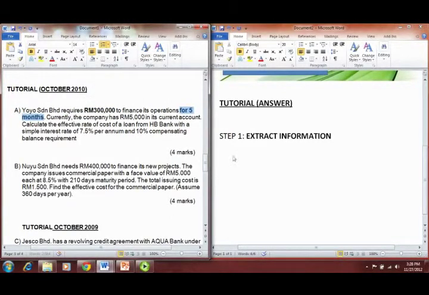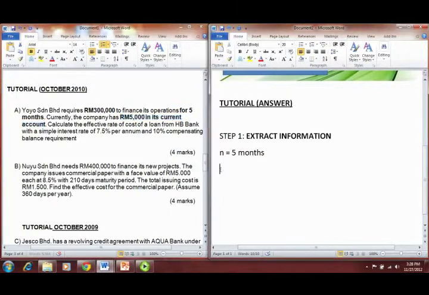For 5 months, so this is your period. Then you need to extract the information first, so it is 5 months.